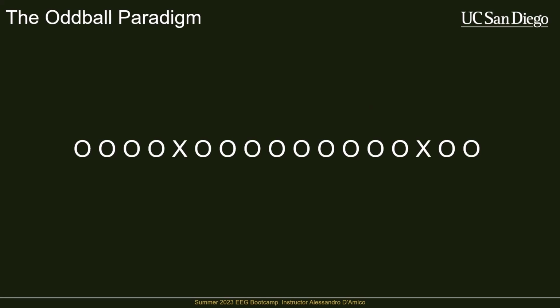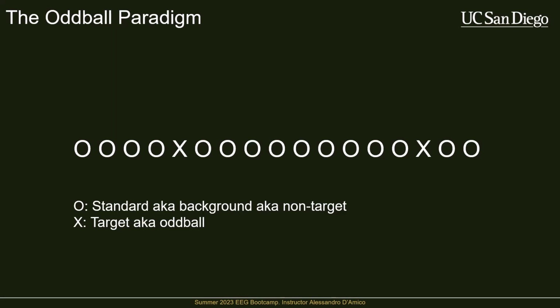But I'll talk about the way that it's studied most often, which is in the oddball paradigm, which is the task that we ran yesterday. So a brief summary of this is that in the 2 stimulus oddball, you're going to have a target and a non-target. In this case, we're going to say that our O is our non-target or standard or background. People talk about it with all of these words.